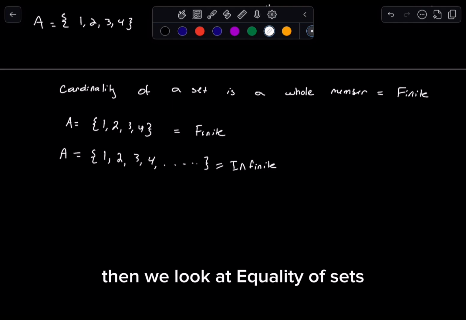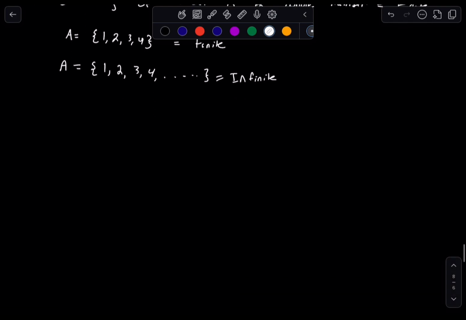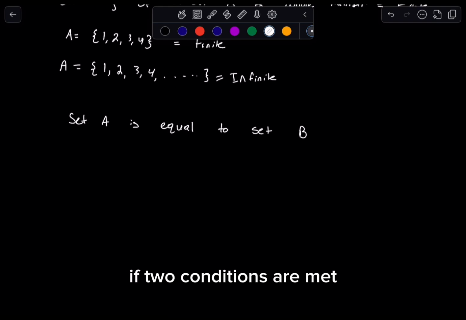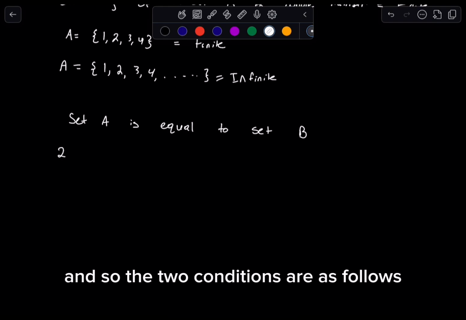Then we look at equality of sets. So set A is equal to set B if 2 conditions are met. And so the 2 conditions are as follows.